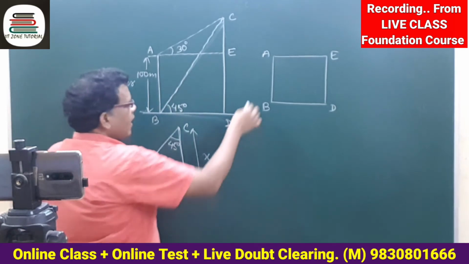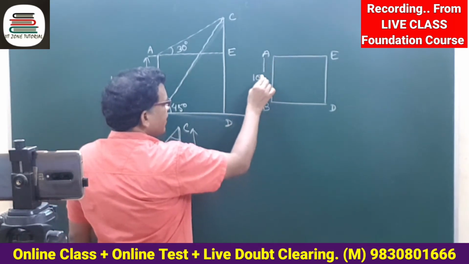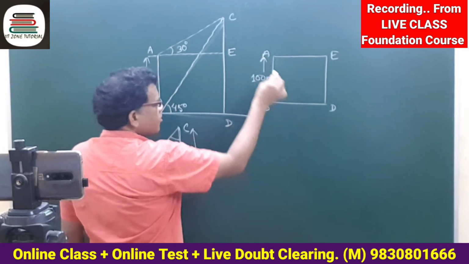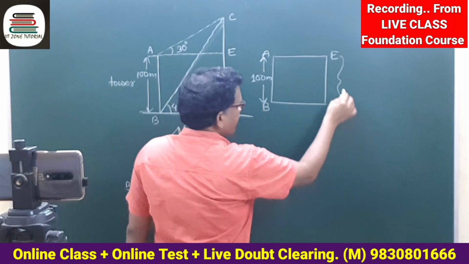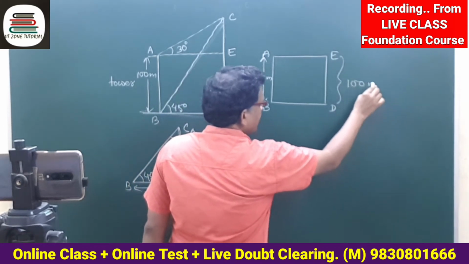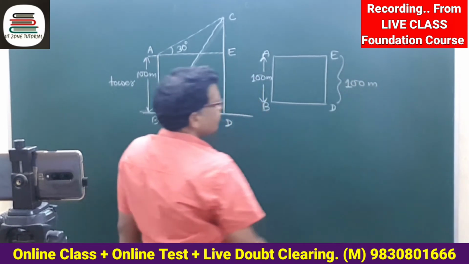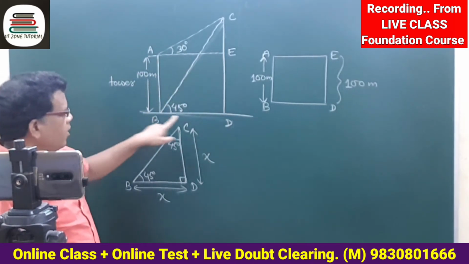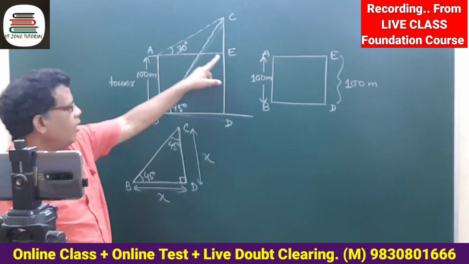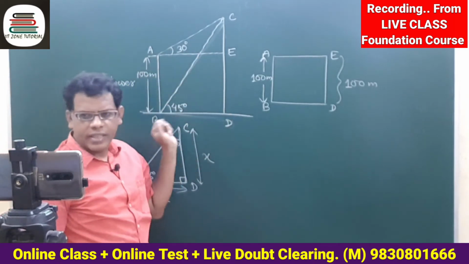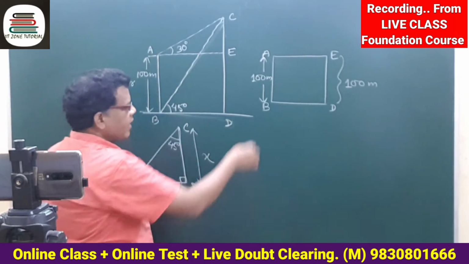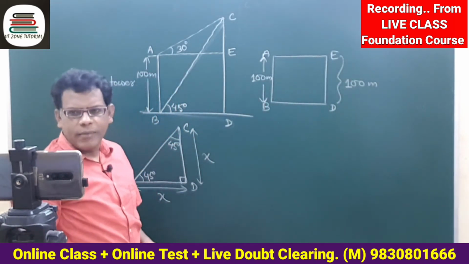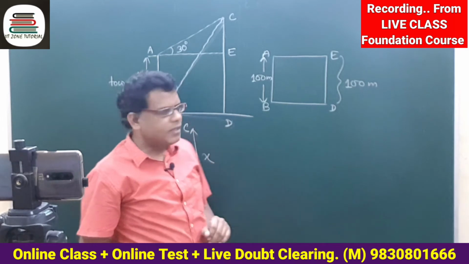As AB is given 100 meter high, obviously the height of ED must also be 100 meter, isn't it? Because this line is drawn parallel to the side BD, this will form a rectangle. So in this rectangle, the side length AB and the side ED must be the same in value. So both are 100 meter each.